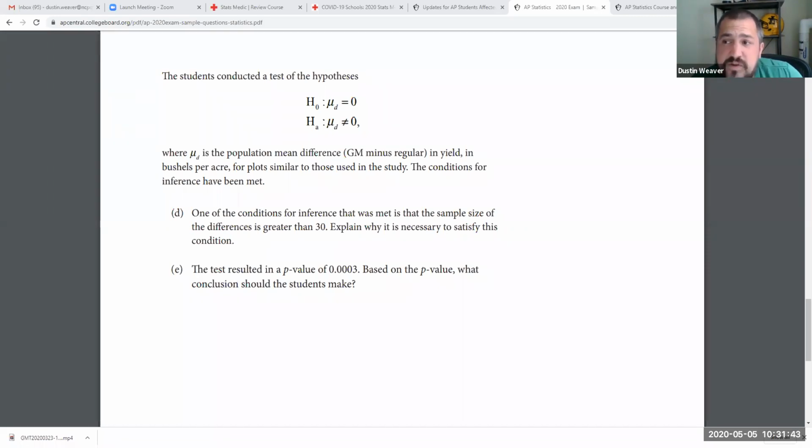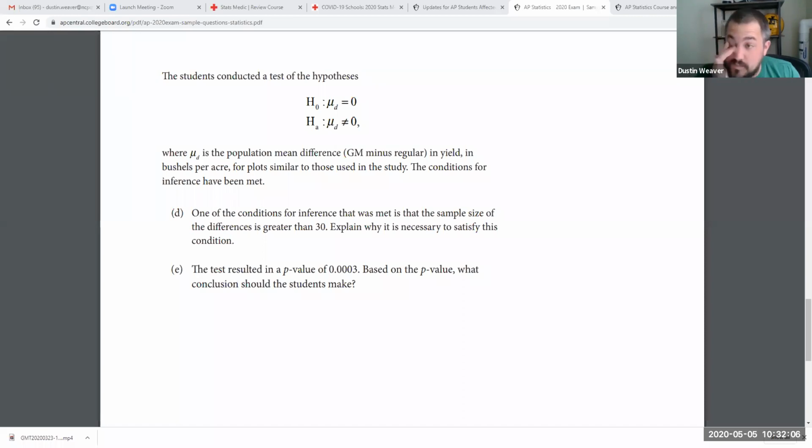So E, something we've stressed for a whole lot of time. The test resulted in a p-value of 0.0003. Based on the p-value, what conclusion should the students make? So this p-value, they don't even have to tell you what the significance level is, right?